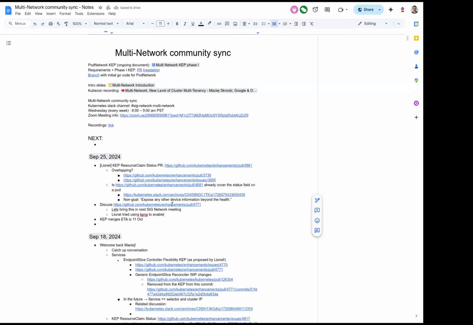It is using Gateway API. Oh, really? Yeah. Let me see.